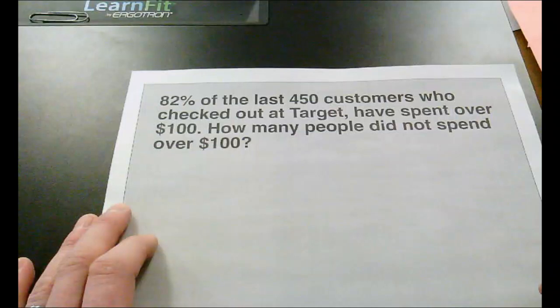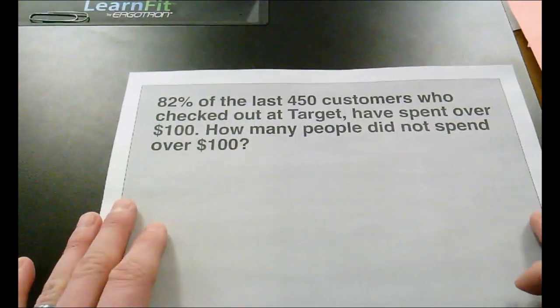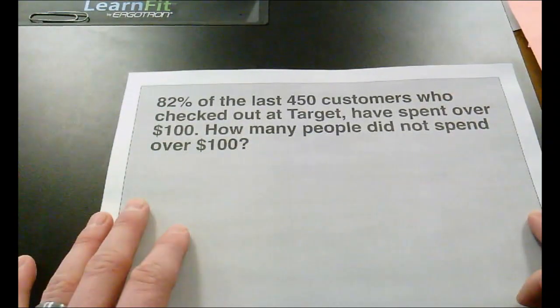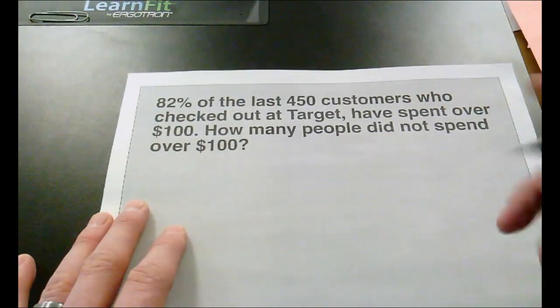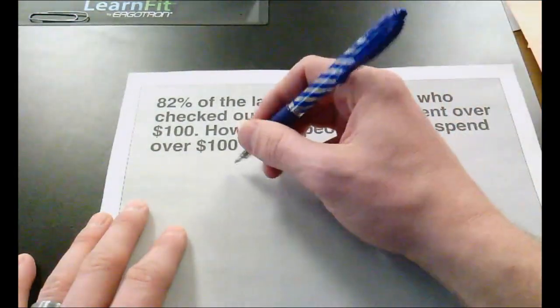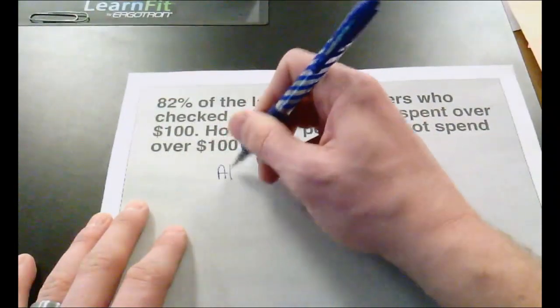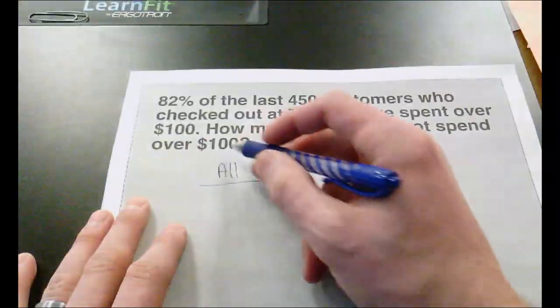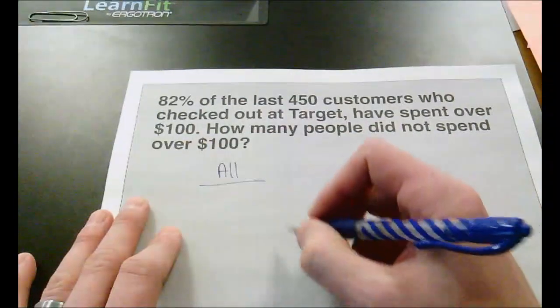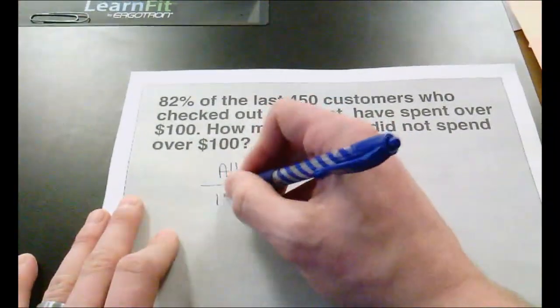82% of the last 450 customers who checked out at Target have spent over $100. How many people did not spend over $100? On this problem, we have to think about all the people. All the people is 100%.